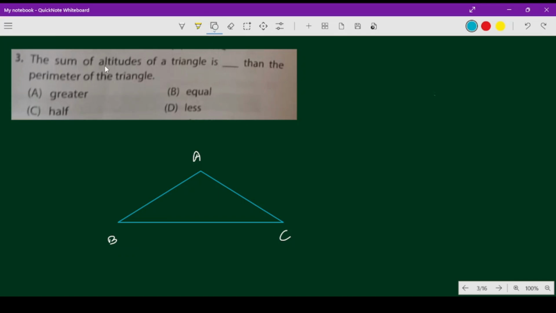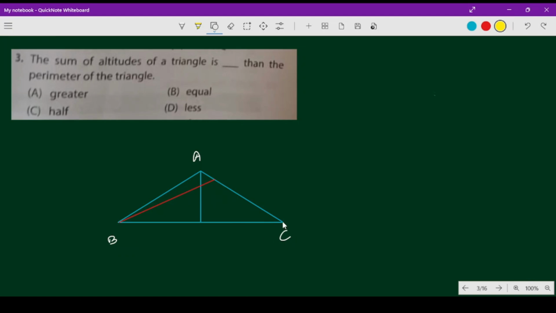In the question, they have given altitude. I draw the altitude on the side BC, the altitude on the side AC, and the altitude on the side AB.